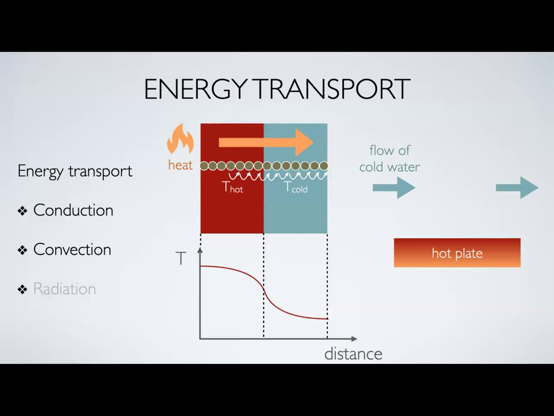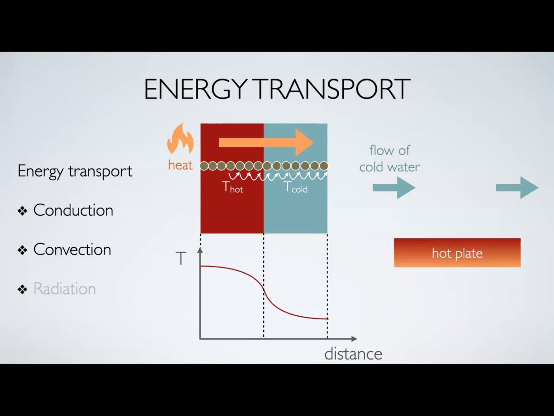If we consider cold water as the system, and our system is moving and flowing, of course there will be convection going on. You can see here that the cold water flows from left to right. On the left-hand side, it's still cold, the temperature is still low.